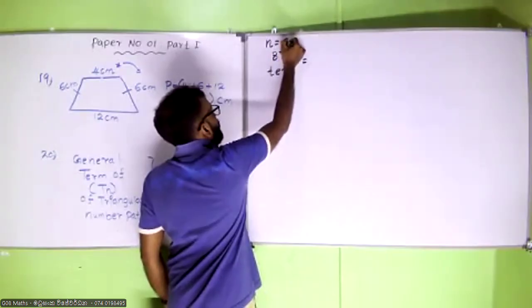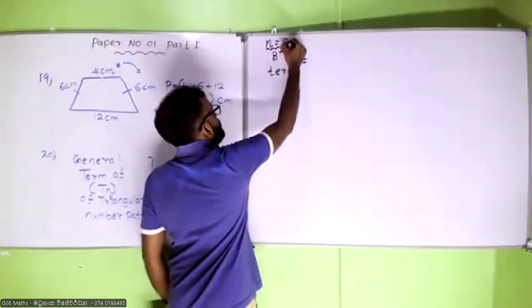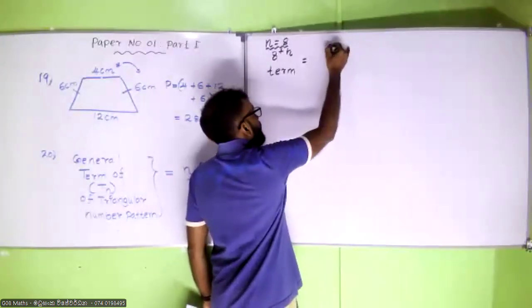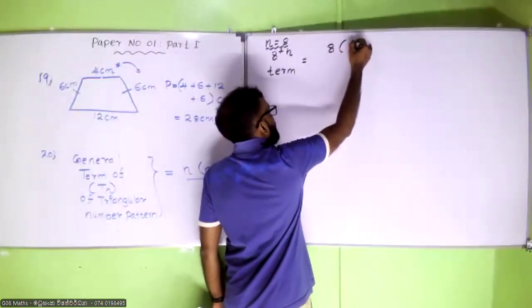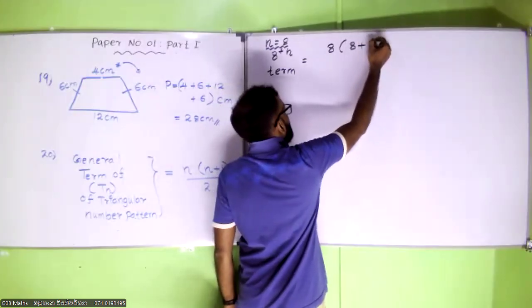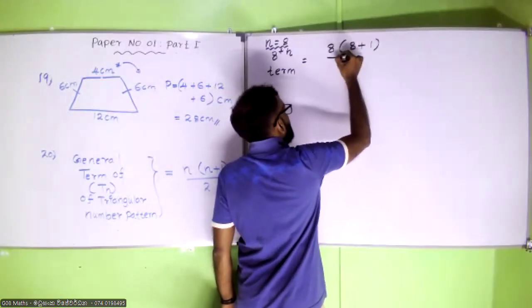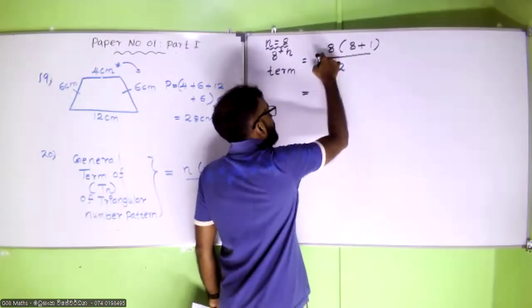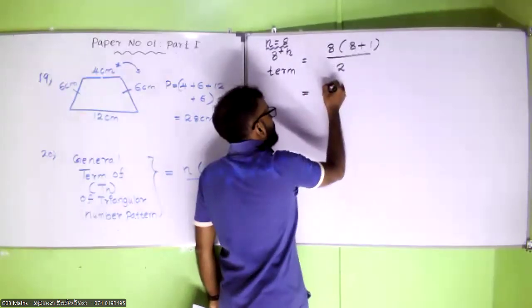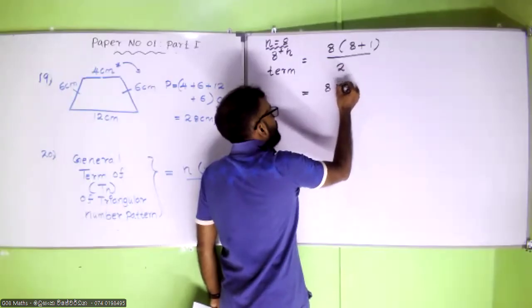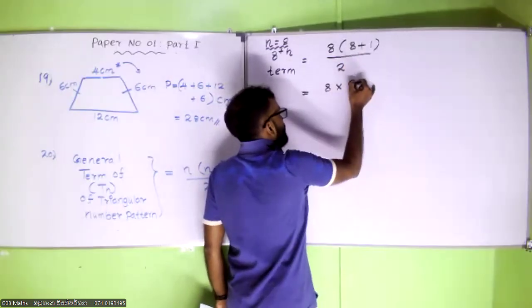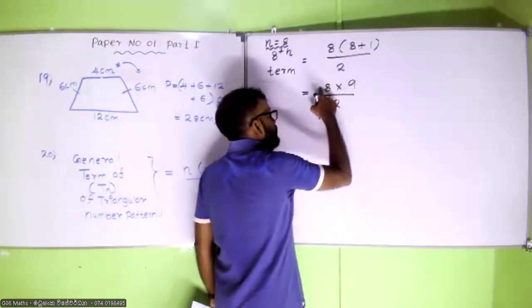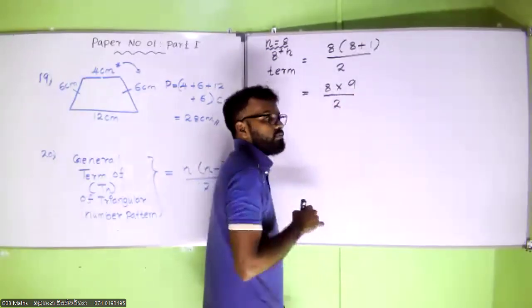So n means 8, n plus 1 means 8 plus 1, close bracket, divide by 2, equal mark. Here you have 8 multiplied by 8 plus 1 means 9, divide by 2.